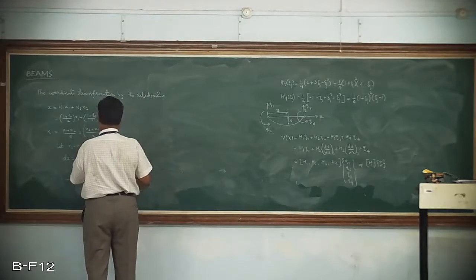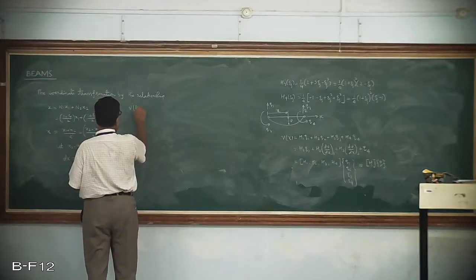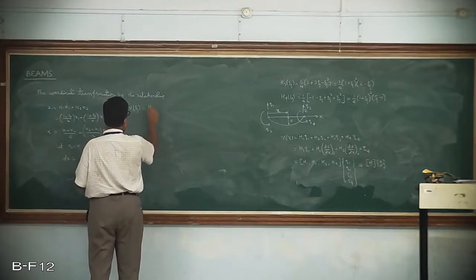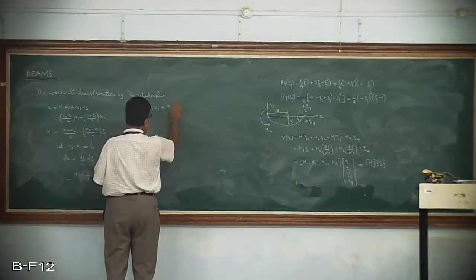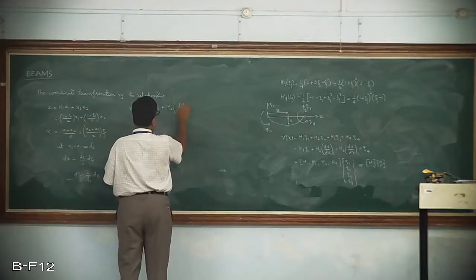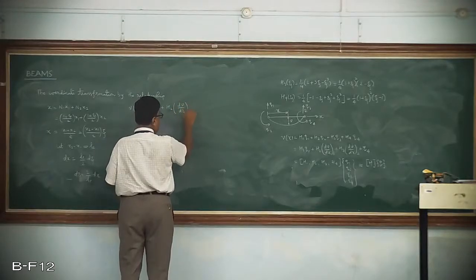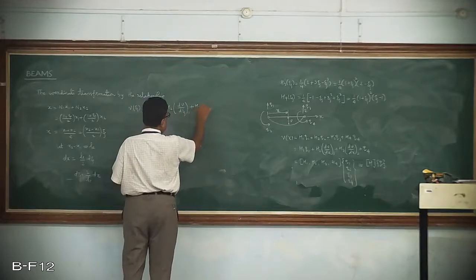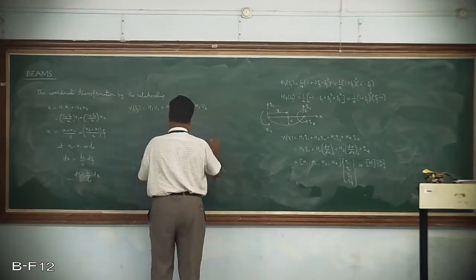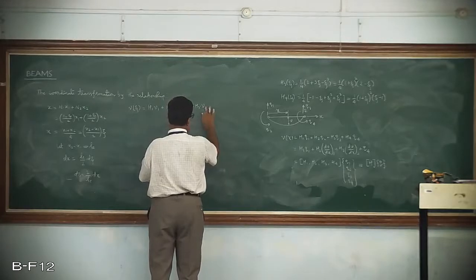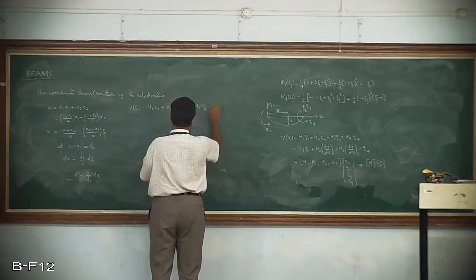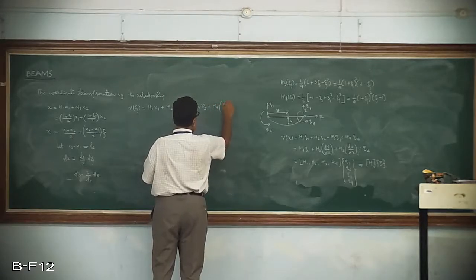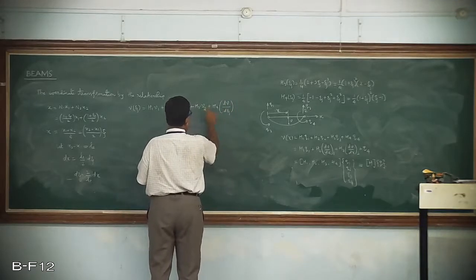Now, as I just told you, V of zeta is going to be in the form of zeta, H1 V1 plus H2 — please remember, this is with respect to zeta, in terms of zeta I am taking — S3 V2 plus S3 V3 plus H4 dV by d zeta at 2.